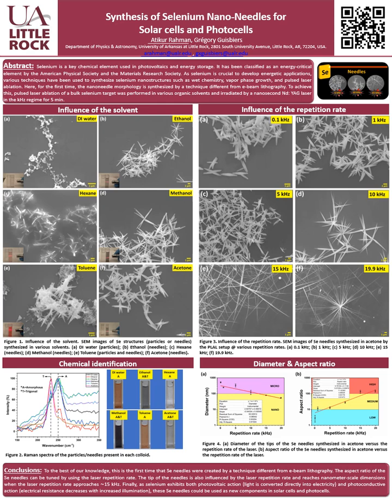For the chemical identification, we use Raman spectra, and you can see from this graph we got the trigonal phase and the amorphous phase of those nanoneedles. Some of them are trigonal, some of them are amorphous. We get amorphous nanoparticles when we use DI water, but with the other solvents, we get trigonal phase nanoneedles.